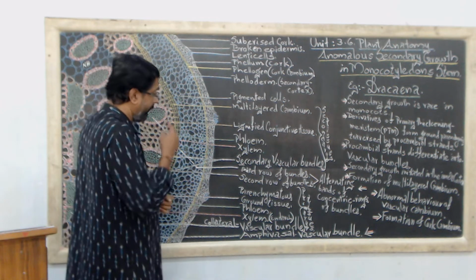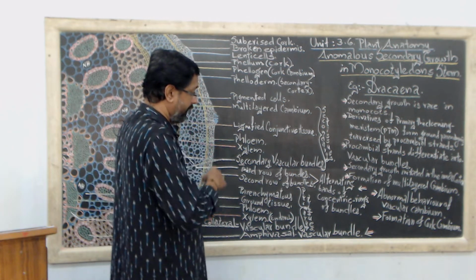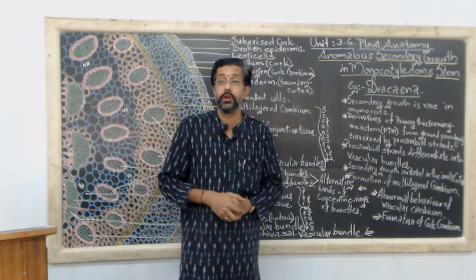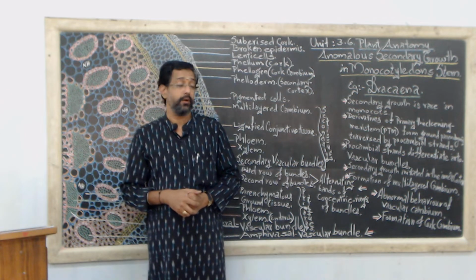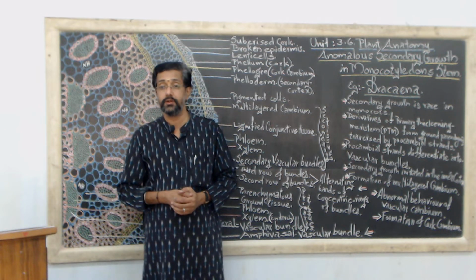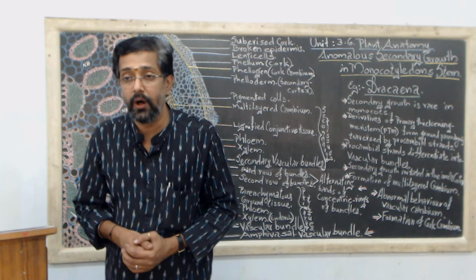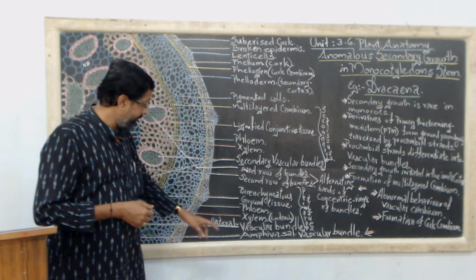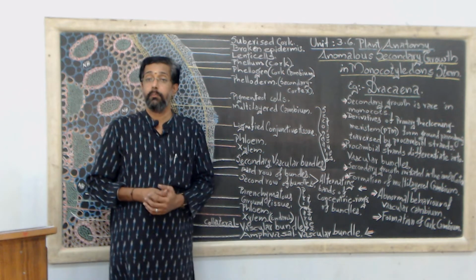Okay, and here in this Dracaena, another peculiar nature of the secondary or tertiary rings of alternating bands of vascular bundles which are formed is that they are amphivasal vascular bundles.